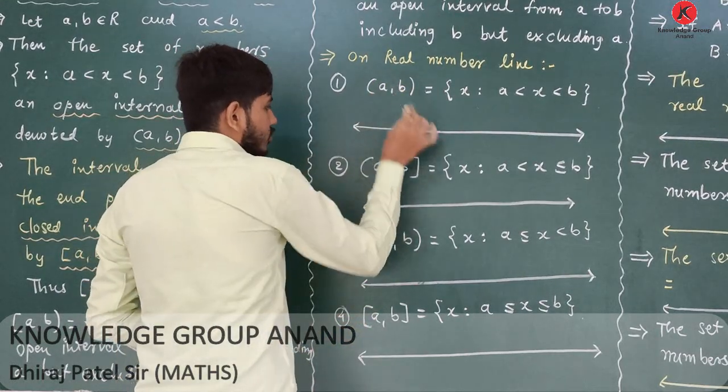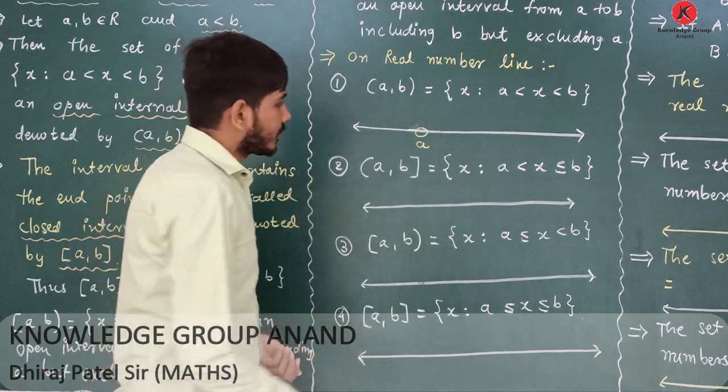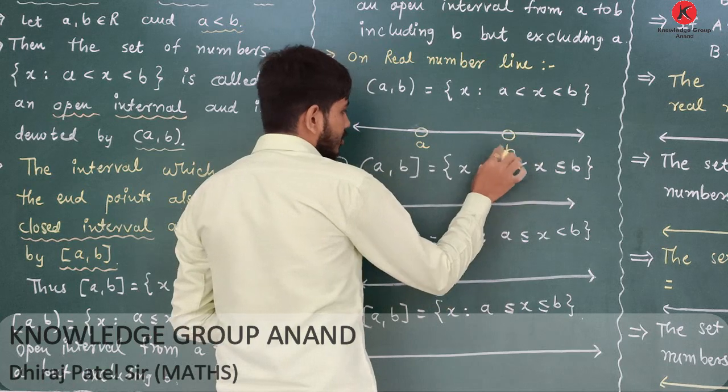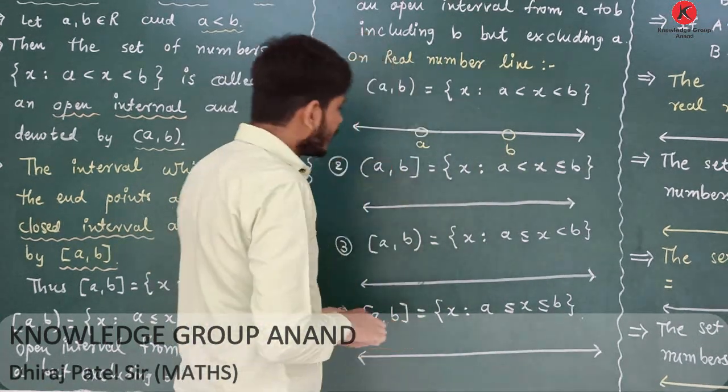For excluded numbers, first of all, this number is A and this number is B. We know that A is always on the left-hand side of B because A is less than B here.